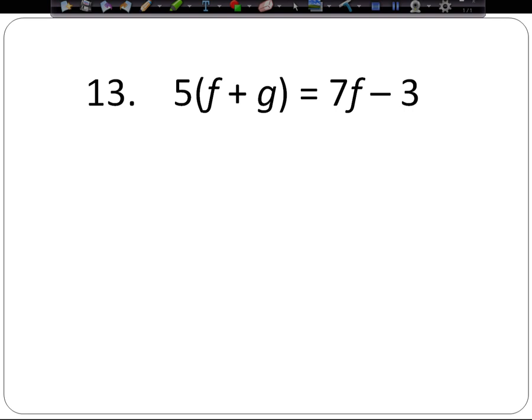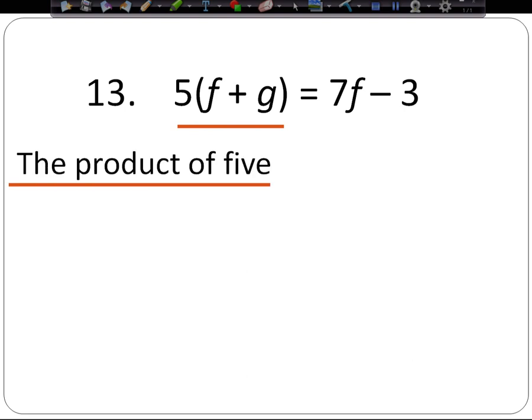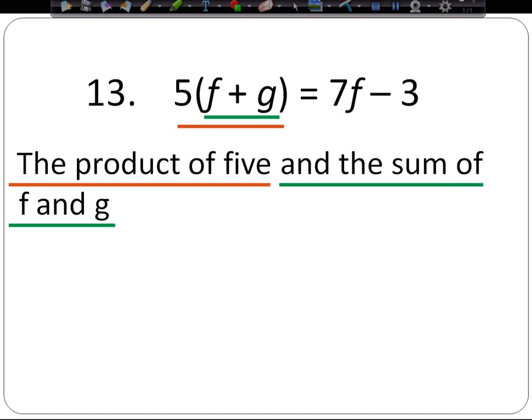All right, number 13. Again, make sure you have this written down. 5 parentheses F plus G parentheses equals 7F minus 3. We're first of all going to look at the part with the parentheses, and we're going to write that as the product of 5 and the sum of F and G. The product of 5 and the sum of F and G. Then we have our equal sign, and we're going to say equals.